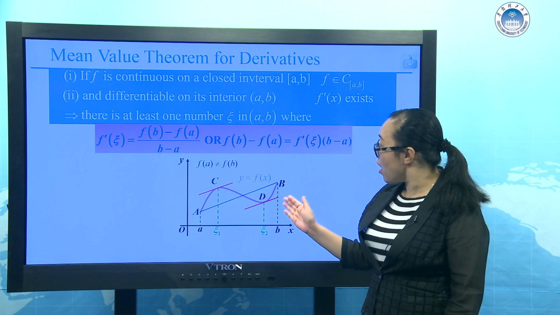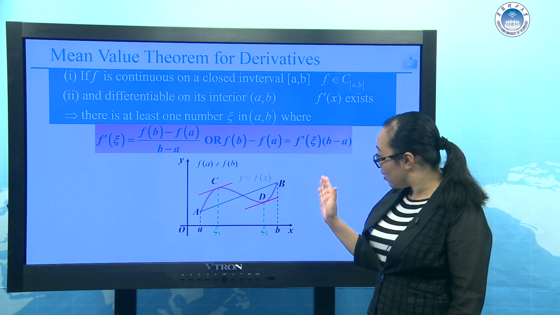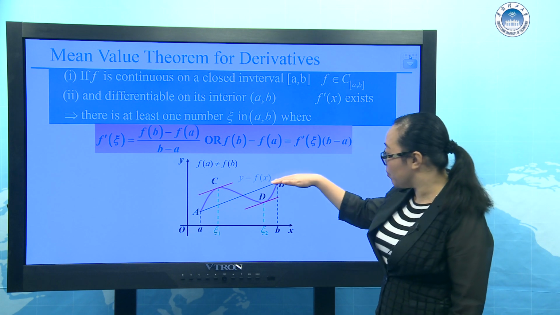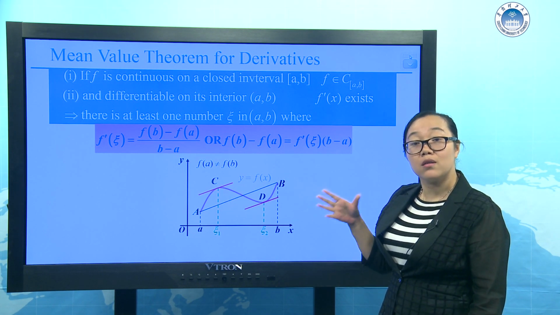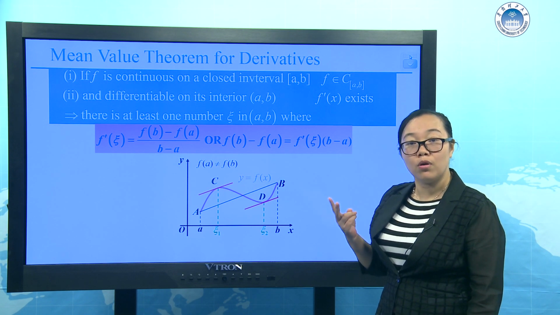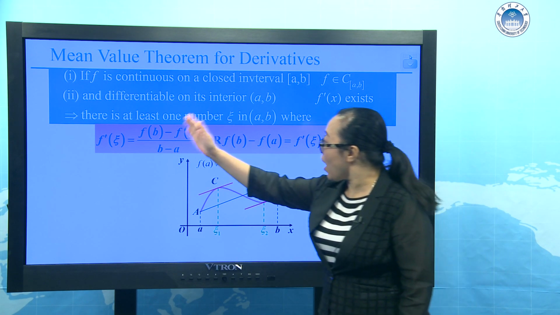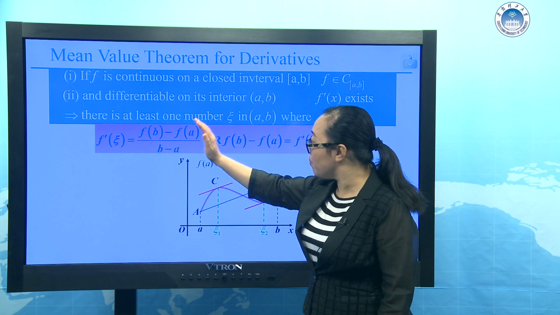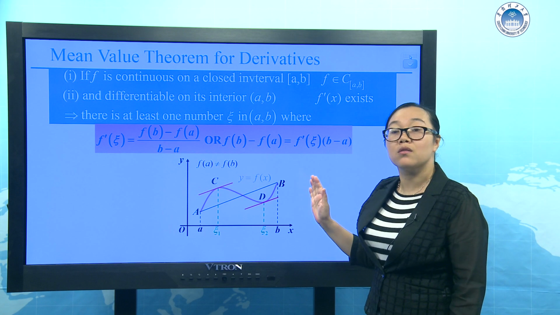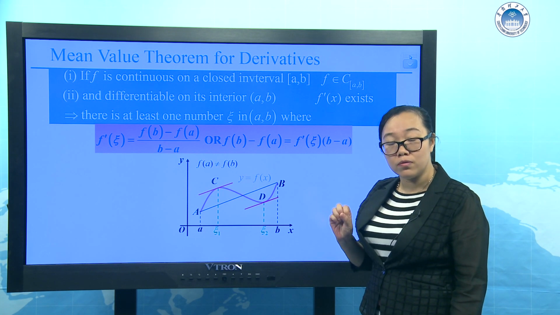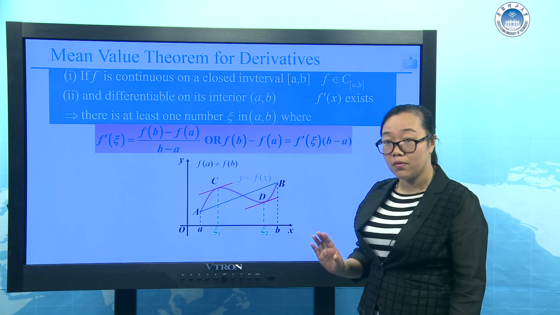Yes, f prime of c is the slope of the line parallel to AB, the black line. The corresponding black line slope by the two-point formula equals (f(b) minus f(a)) over (b minus a). From the geometrical meaning, it is obvious; now how to prove it in mathematical language.